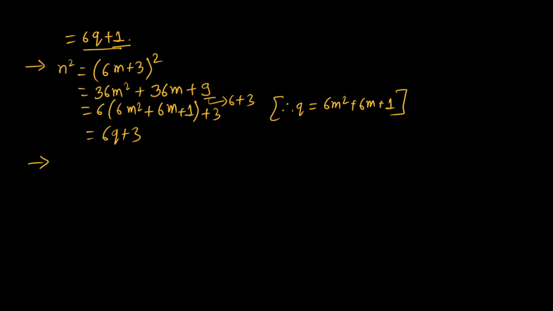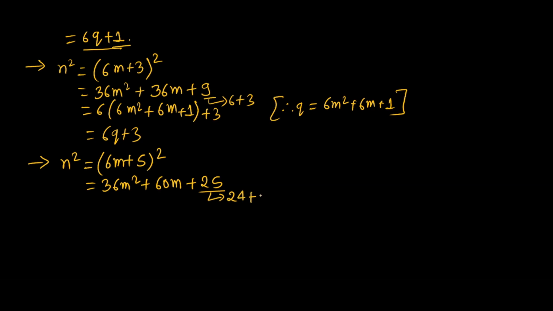So moving towards the next step, n square is equal to 6m plus 5 whole square. We will get 36m square plus 2 into 6, 12, into 5, 60m, plus 25. So 25 is greater than 6, so 24 plus 1.